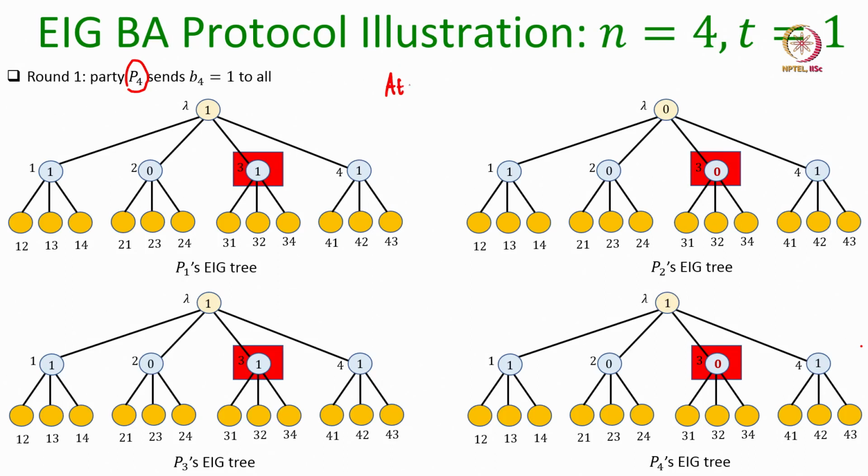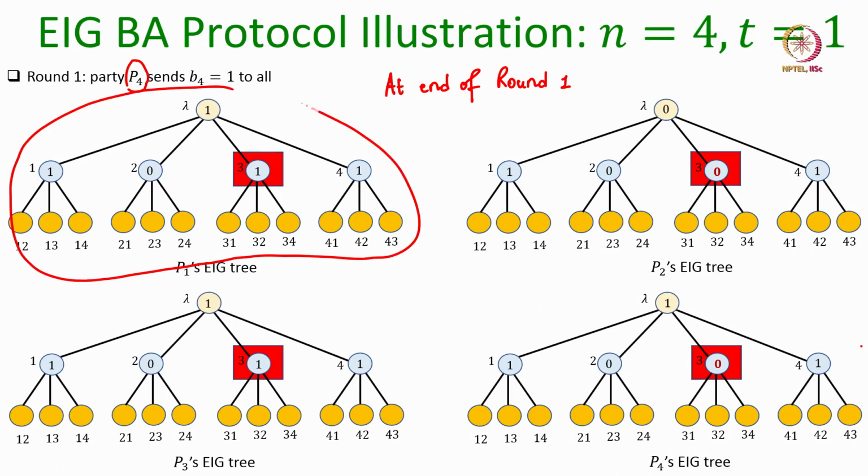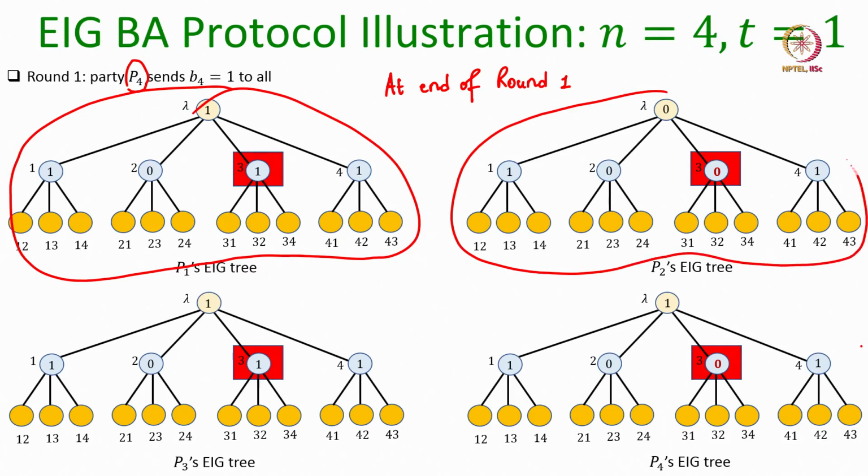At the end of round 1, this will be the view of P1's EIG tree, this will be the view of P2's EIG tree, and remember, no one will be knowing the view of other parties' EIG tree. Okay.